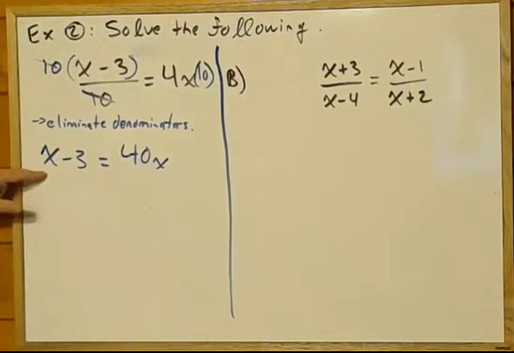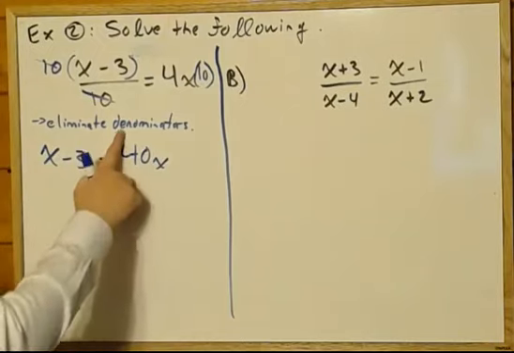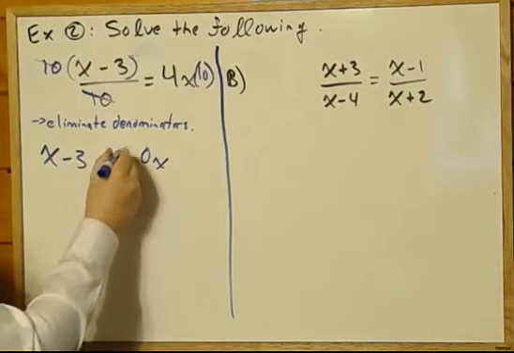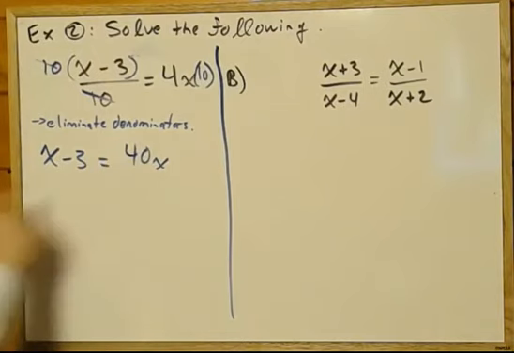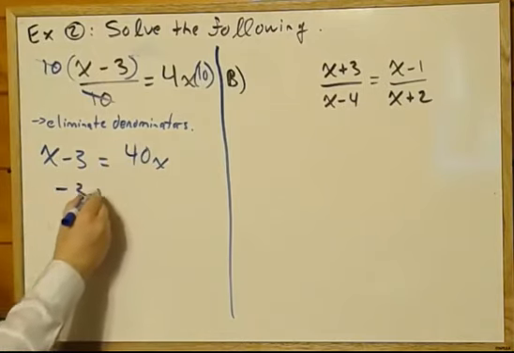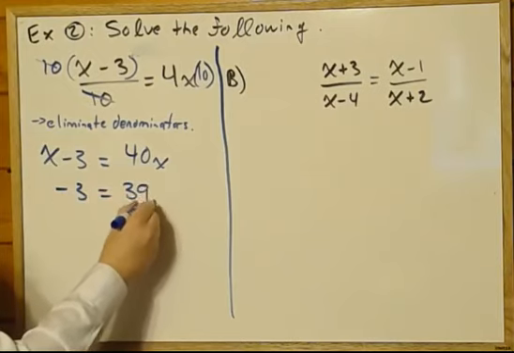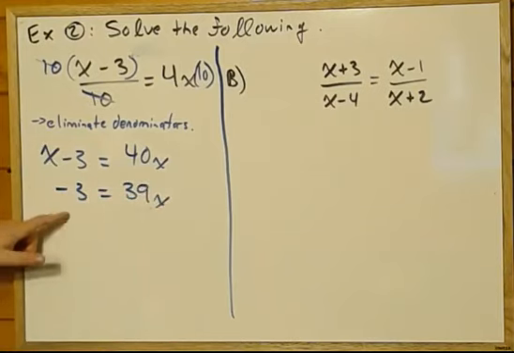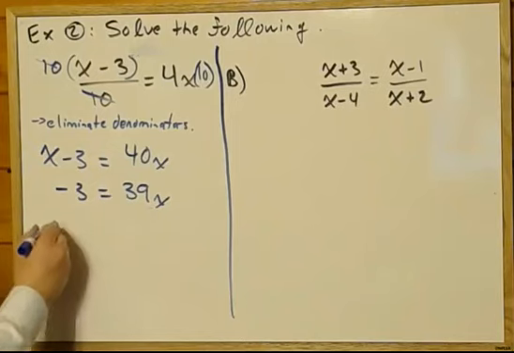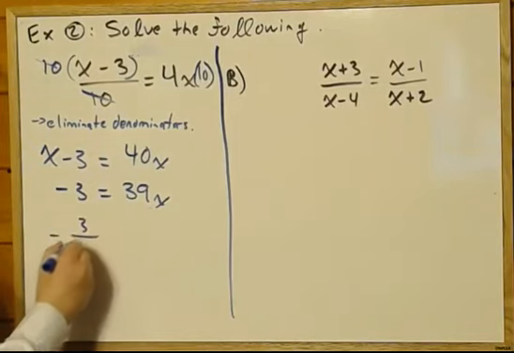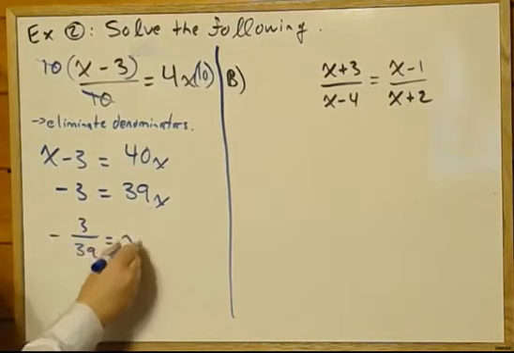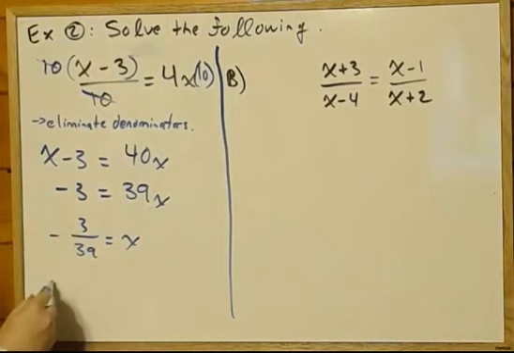Now I'm going to minus x from both sides. Ooh, that is like the worst looking 4 I've ever seen. There we go. Minus x from both sides. I get negative 3 is equal to 39x. Dividing both sides by 39 yields negative 3 over 39 is equal to x, otherwise known as negative 1/13.